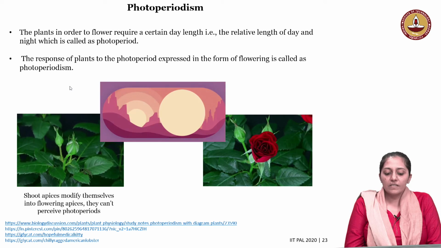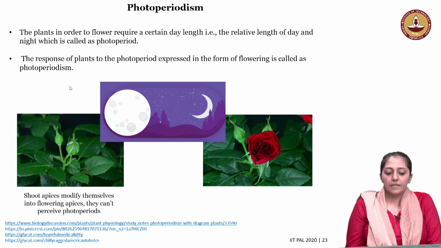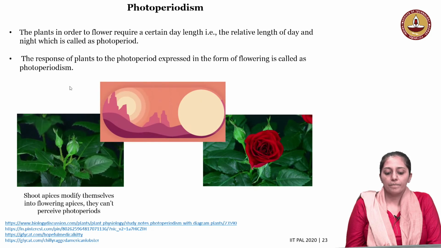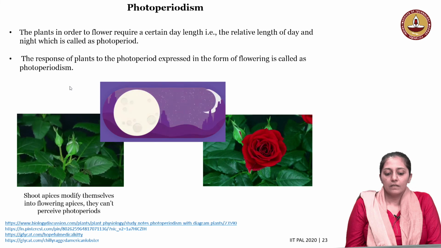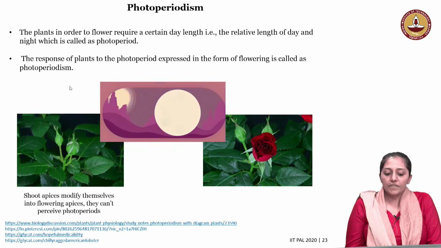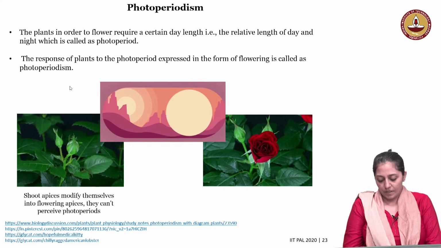So, the shoot apices will modify themselves into flowering apices, but they cannot perceive photoperiods.